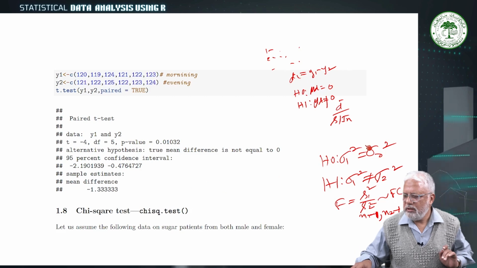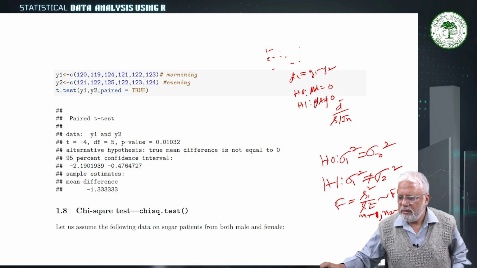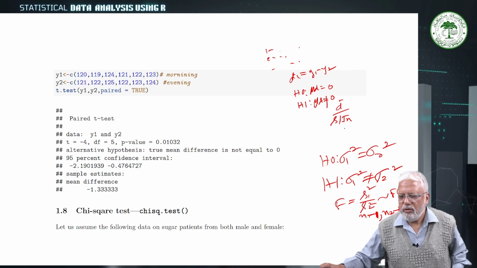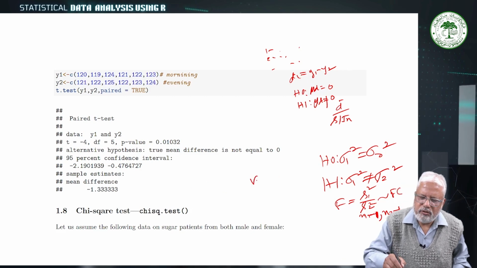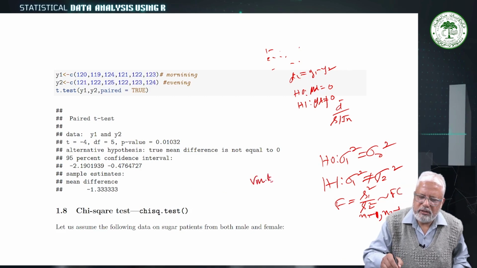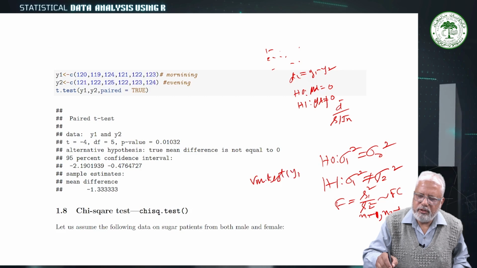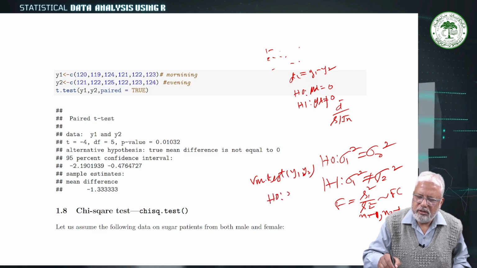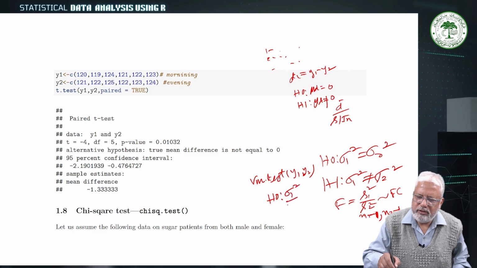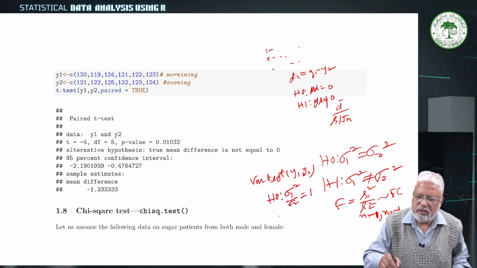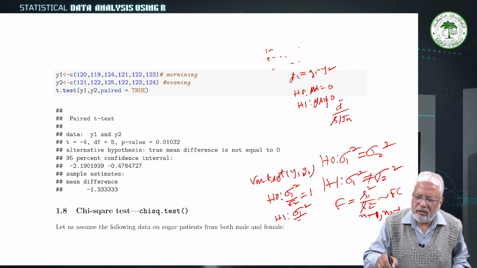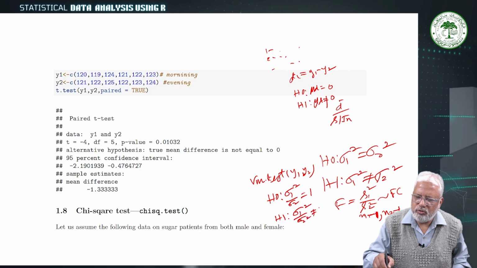See here, actually what var.test implements: it implements H naught, sigma 1 square by sigma 2 square is equal to 1, versus H1, sigma 1 square divided by sigma 2 square is not equal to 1.